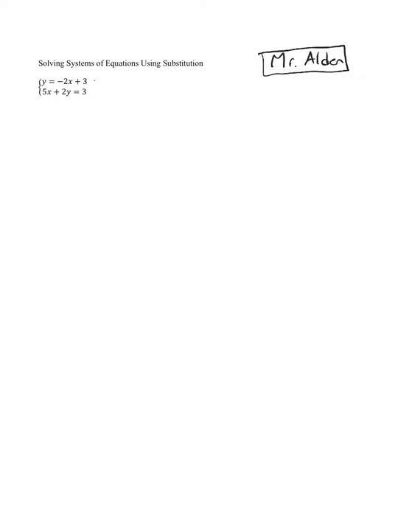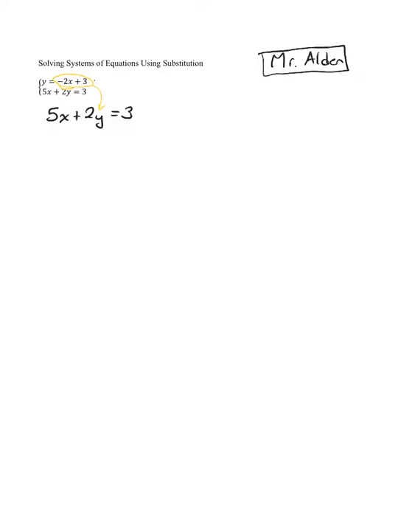So what I can do is take that second equation, 5x plus 2y equals 3, and I can take the negative 2x plus 3, so this right here, and substitute that for where the y is.